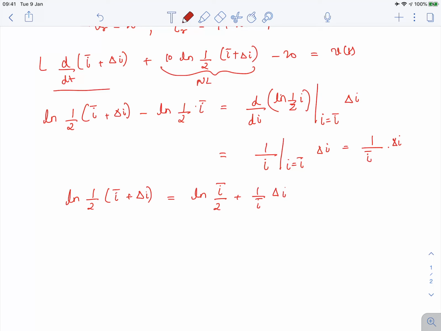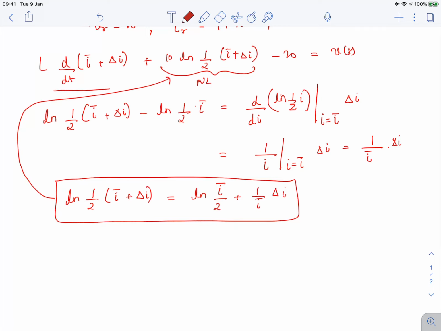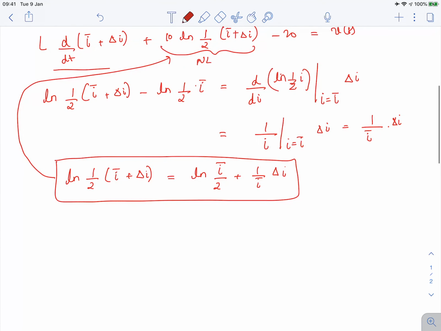Now this is a linear expression. So I will substitute this one here into this part, and finally I would obtain L d delta I by dt. Now this complete expression is a linear equation.